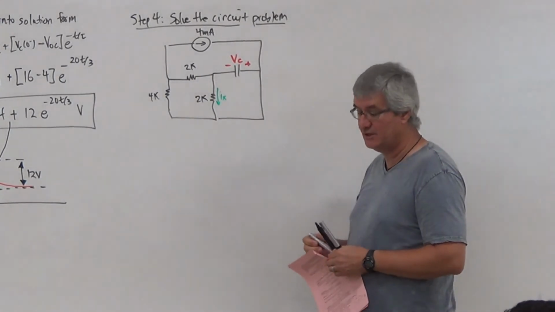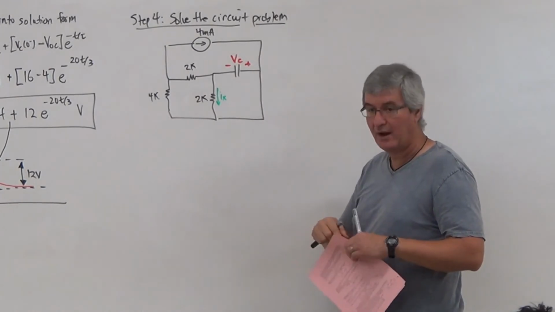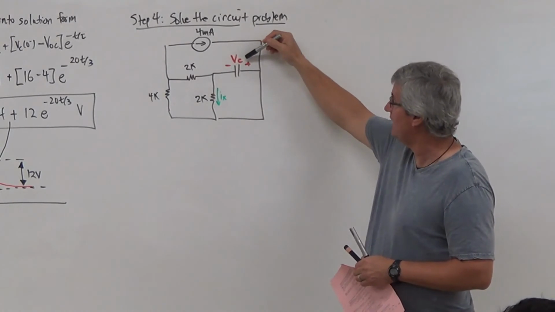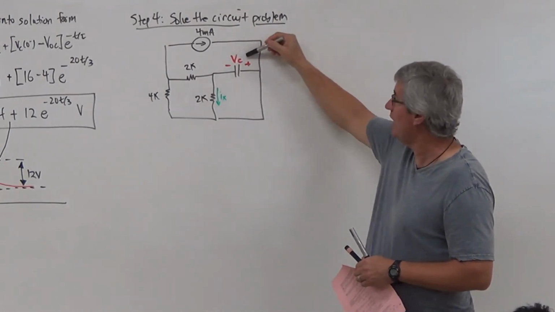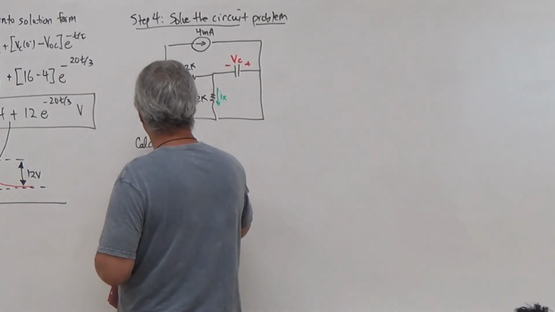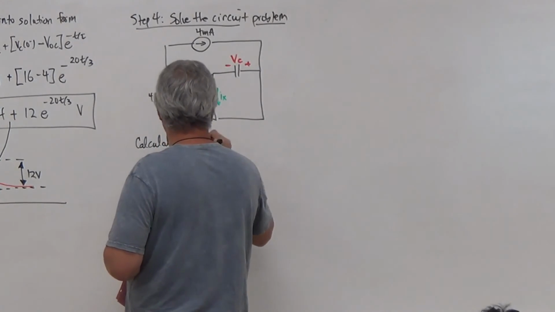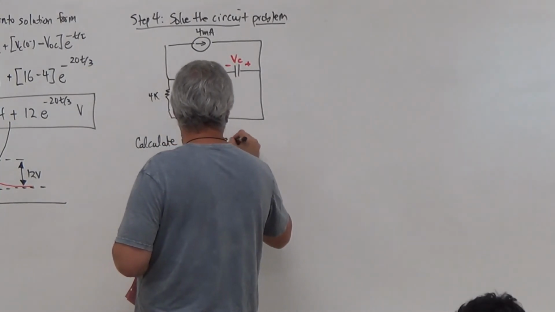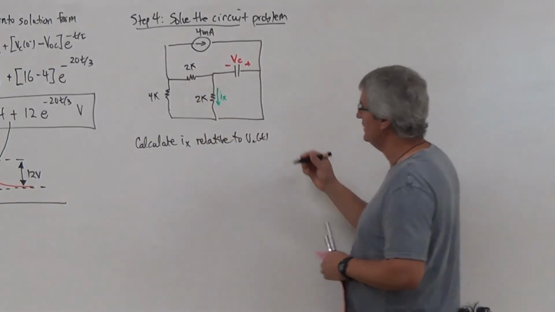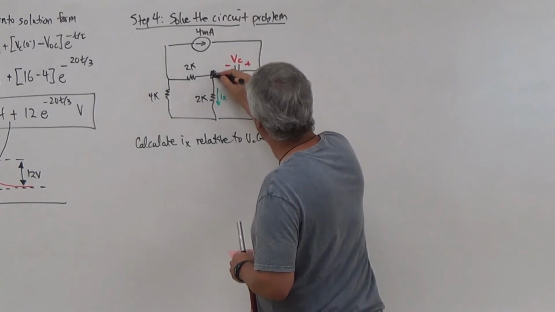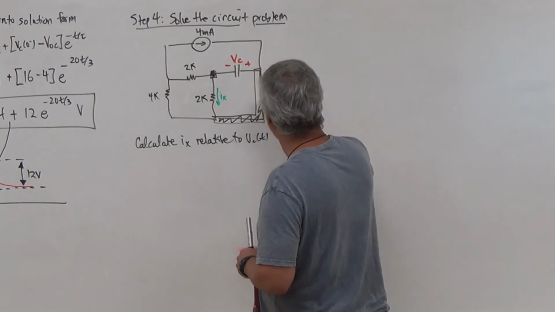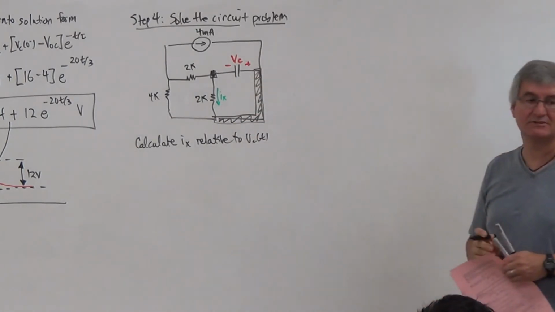I need to calculate IX relative to VC of T. And when you look at that, you can see that I have only 2 nodes between these 2 elements. So therefore, these guys are in parallel.